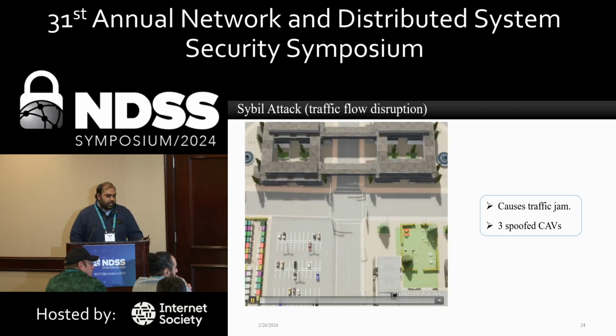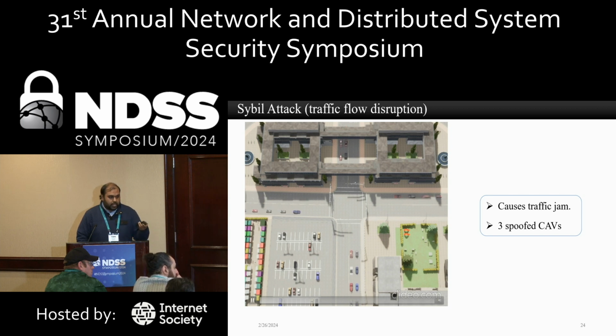So what you see here is an empty intersection, and the vehicles will start arriving. All we do is strategically choose some locations to spoof some CAVs. We try to alter their normal trajectory and see if this can cause the other vehicles to slow down, or the traffic flow to get disrupted.